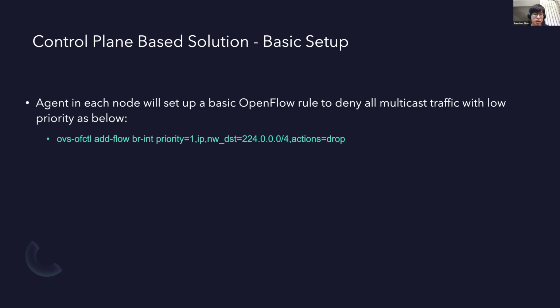You can see the green line. It's different from the IGMP looping plus broadcast solution. In that solution, we forward multicast first, but here we have an action to drop the multicast traffic in low priority.